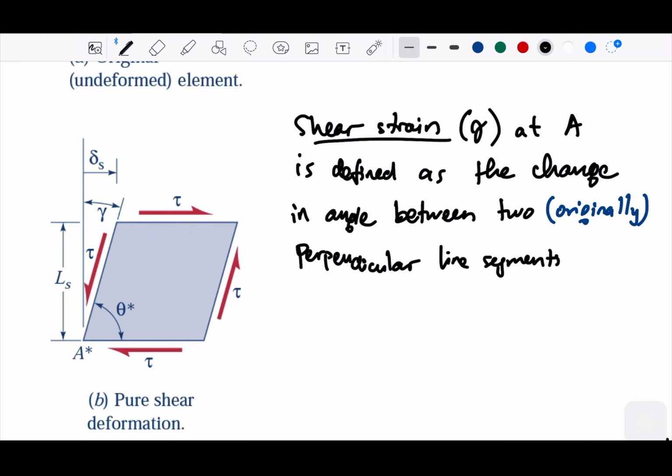Or if this is too complicated, you just need to remember that the shear strain is equal to pi/2 minus the angle that is changing.